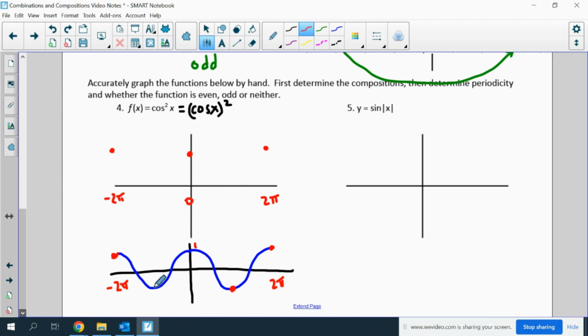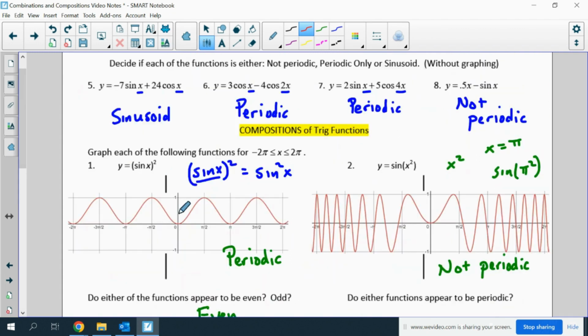At pi and negative pi, those were negative 1. When they get squared, I end up at positive 1. And then the same thing kind of happens. If I was at 1/2, when I get squared, I'm going to be at 1/4. And so my graph is going to look something like this, kind of like the sine squared graph did.